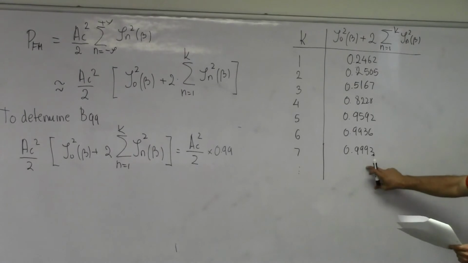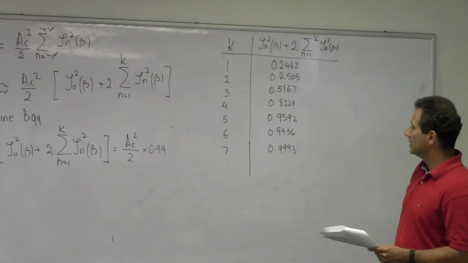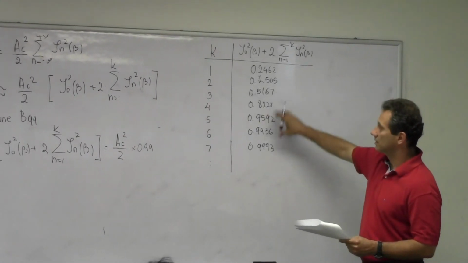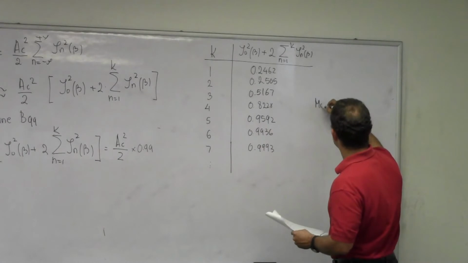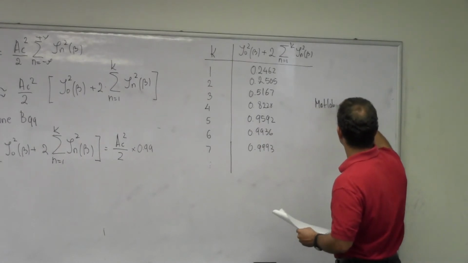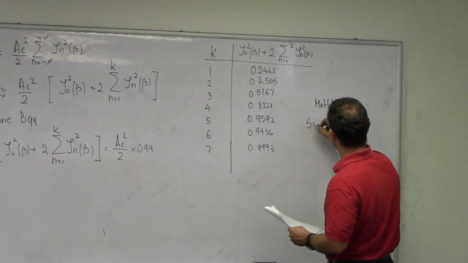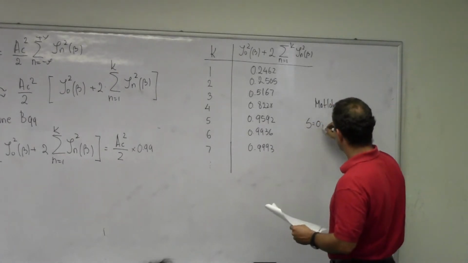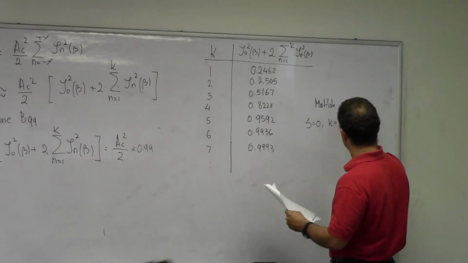I know you guys use MATLAB, so let me give you a piece of code that can replicate this easily. So let's say MATLAB code here that you can type in and evaluate this. S equals 0, that's going to be this sum. K equals 6, for example.